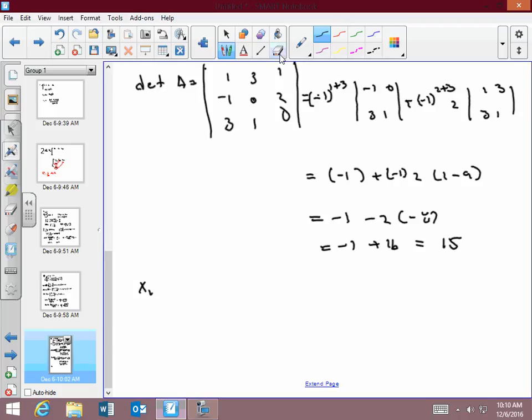So let's do the determinant of A3B. 1 minus 1, 3. 3, 0, 1.